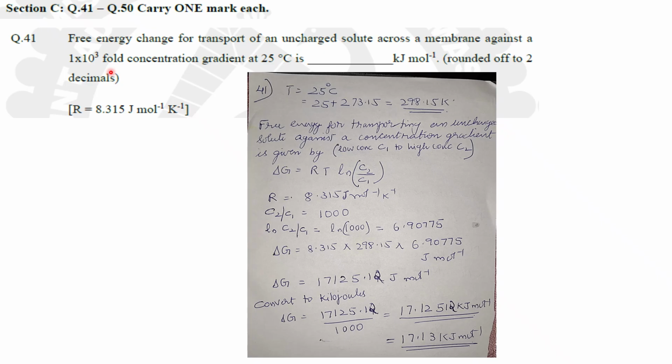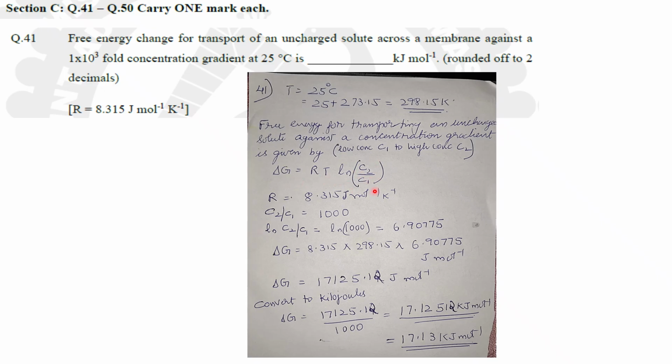1 into 10 raised to 3 fold concentration gradient at 25 degrees Celsius is. So free energy change they have asked. We know the formula delta G is equal to RT ln C2 by C1.